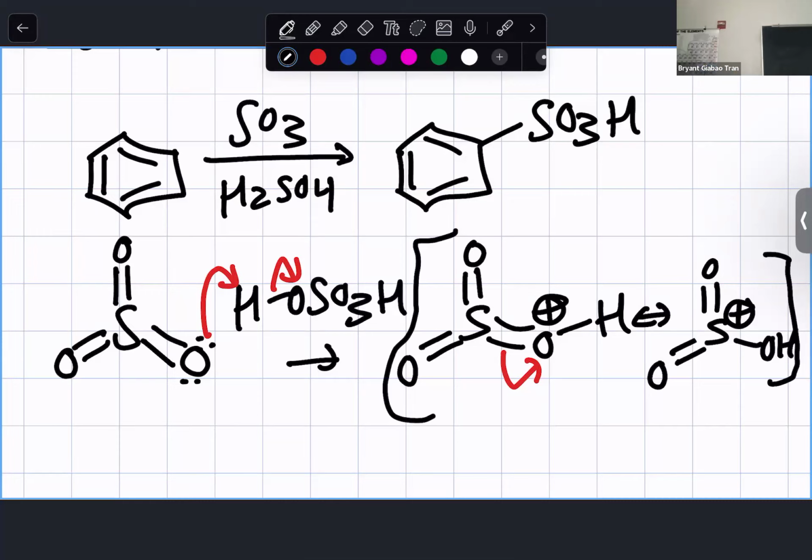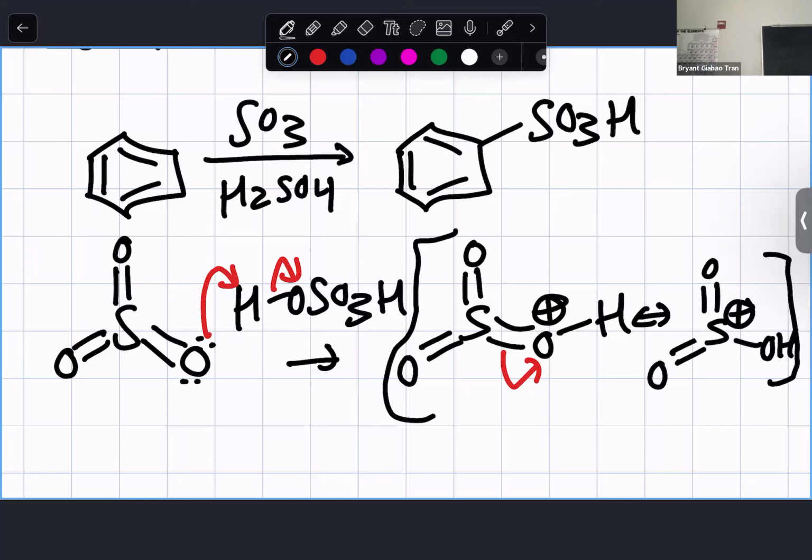Think about electronegativity here. Which atom is more electronegative, oxygen or sulfur? Yeah, oxygen is more electronegative.